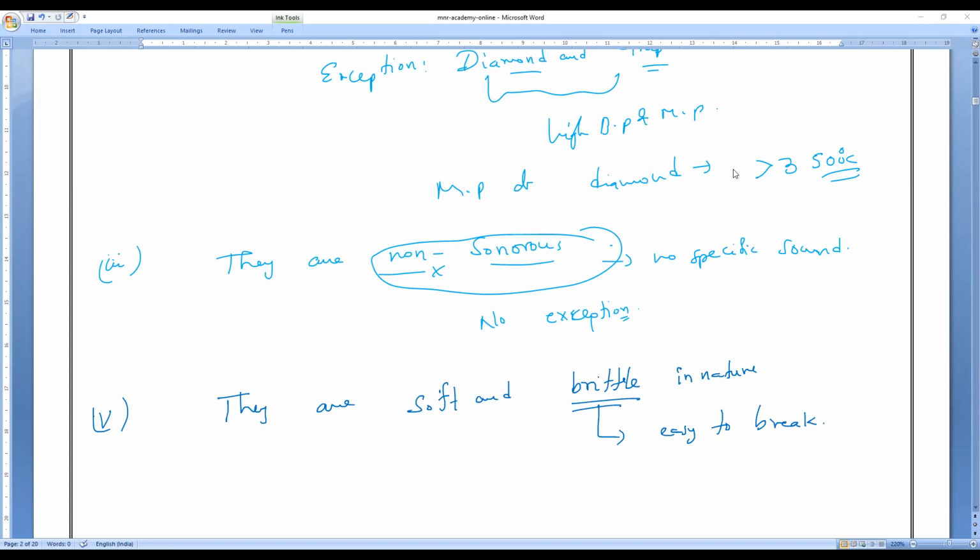So that is what you have to remember. Brittle means easy to break, or we can say embrittlement. Embrittlement means easy to break. So you remember that.